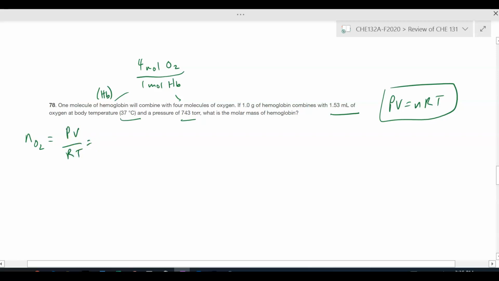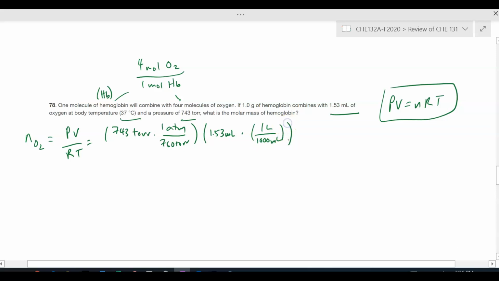We're going to have to put pressure into atmospheres, so this is going to be 743 torr times 1 atm over 760 torr. So that's the pressure with the conversion built in. Our volume, we've got 1.53 milliliters, and our conversion there would be that we're going to liters, 1 liter over 1,000 milliliters.